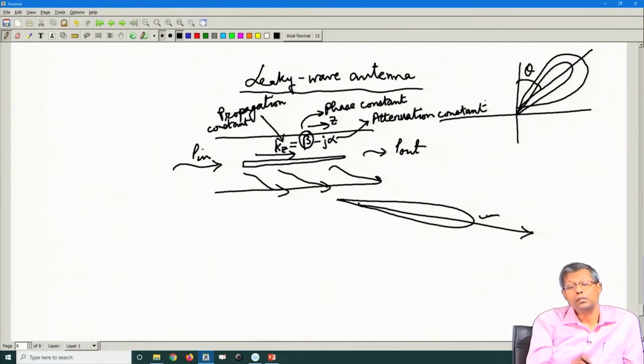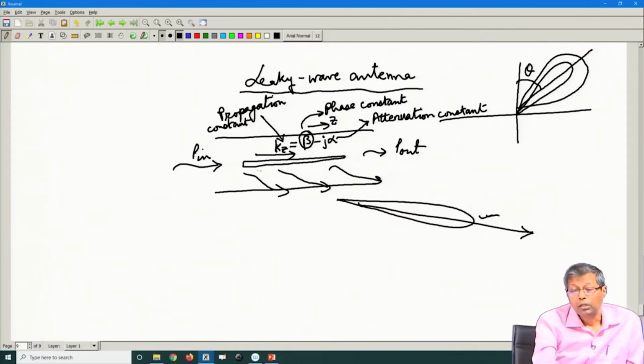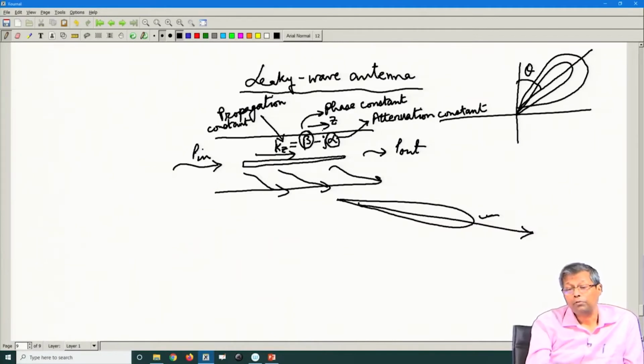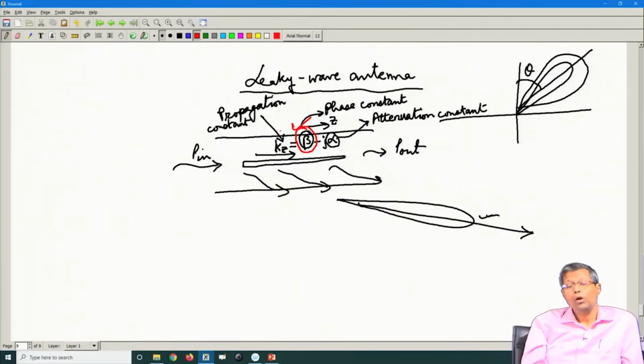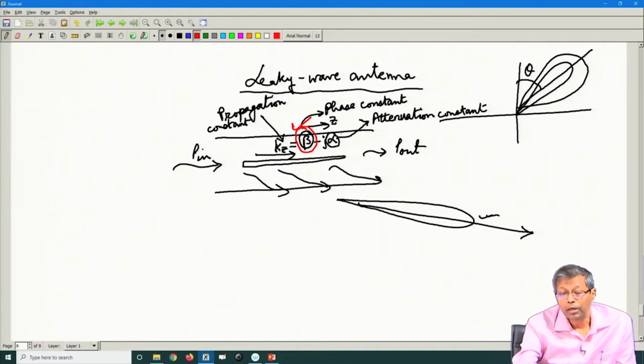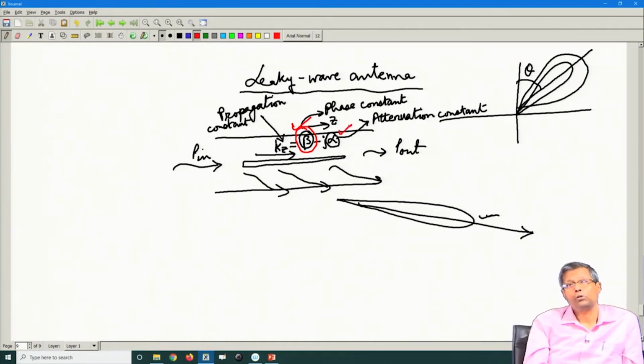What happens is that as the wave progresses down, because the energy leaks, this leakage of energy causes attenuation of the wave, and therefore this attenuation constant. The direction of this beam is controlled by this term beta, while the directivity, how pointed the beam is, is controlled by the attenuation constant.